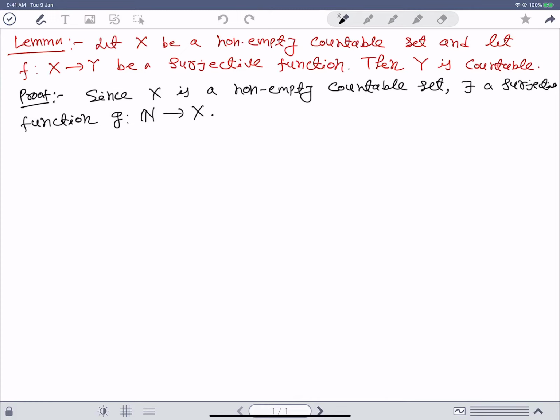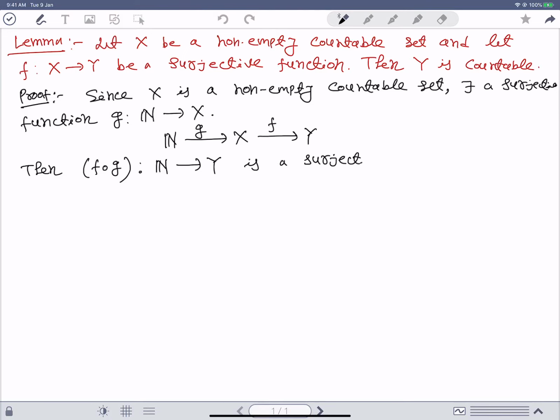That means we have N to X a surjective function g, and X to Y we have a surjective function f, and we know that the composition of two surjective functions is also surjective. Then f composition g is a surjective function from N to Y. Therefore, Y is countable.